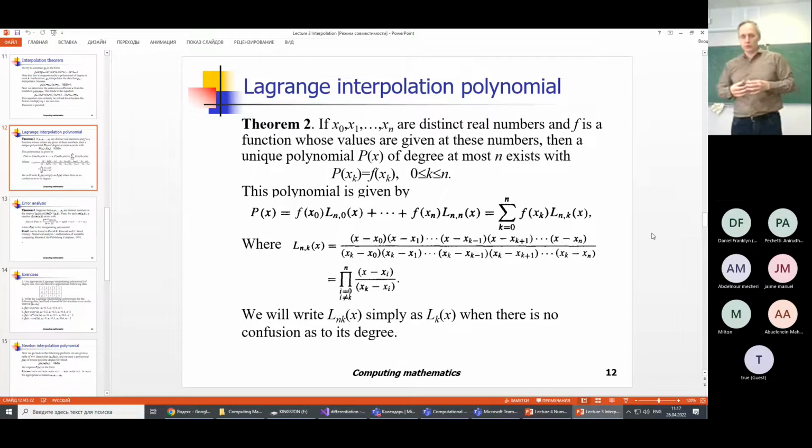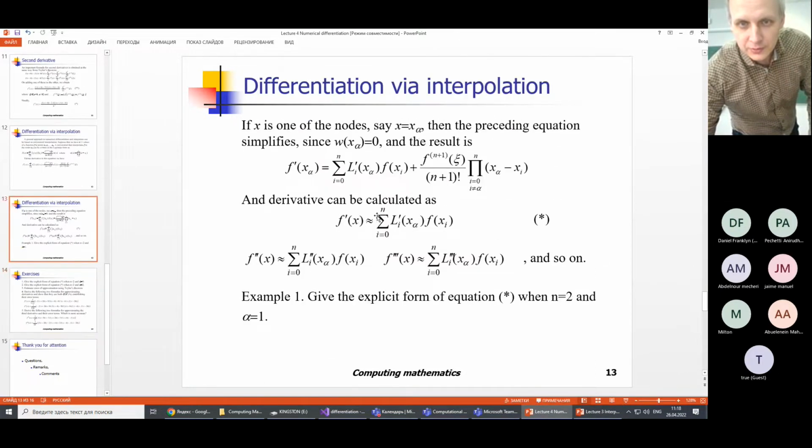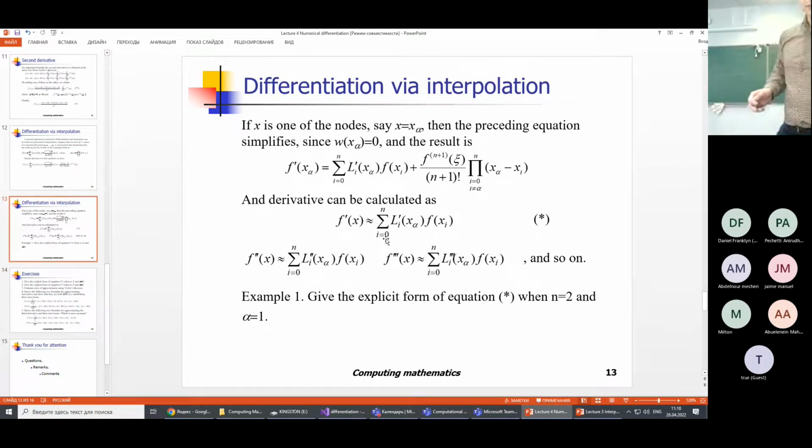What should we do next? Let me switch to another presentation. According to the formula with star, the derivative of a function approximately equals the derivative of the polynomial. So we should write the derivative of the polynomial.